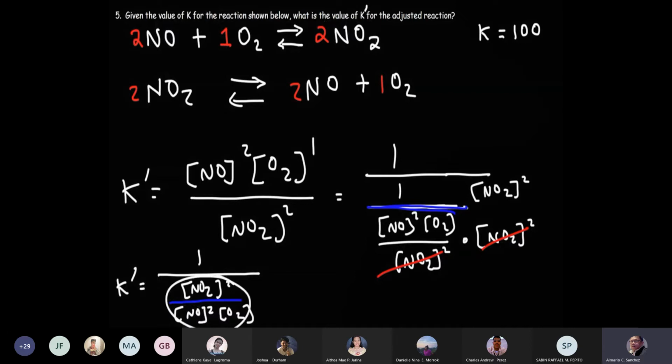This is the equilibrium expression for the original K. So we can replace this with K. So that's how we could show that K prime is 1 over K when you reverse the reaction.